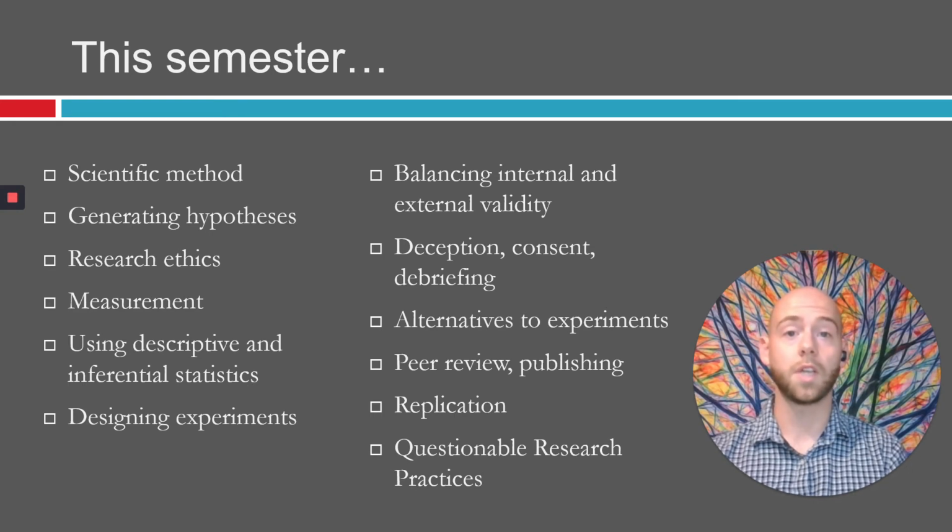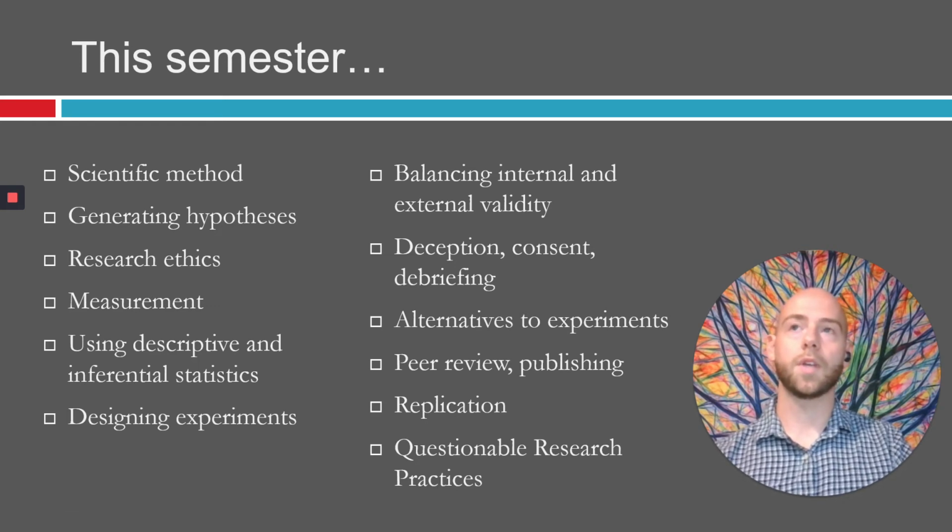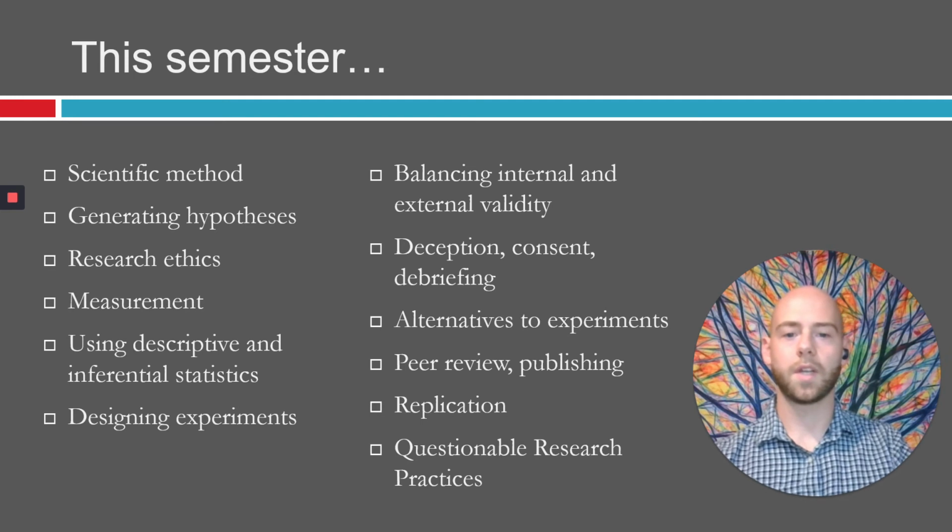And then the last set of things we'll talk about is very much entwined with peer review and publishing, the problems of replicating research and the problems that have to do with incentive structures in psychology and academia that lead to people making questionable decisions as researchers, that lead to people being either not careful enough or being outright dishonest about what they're finding.